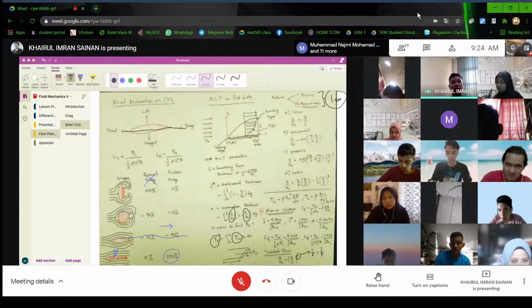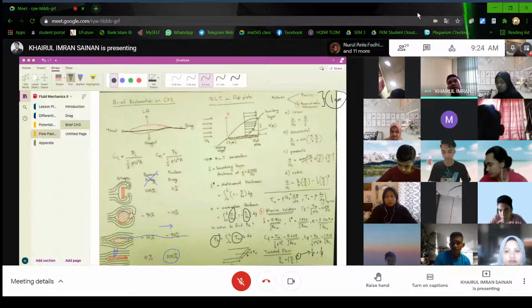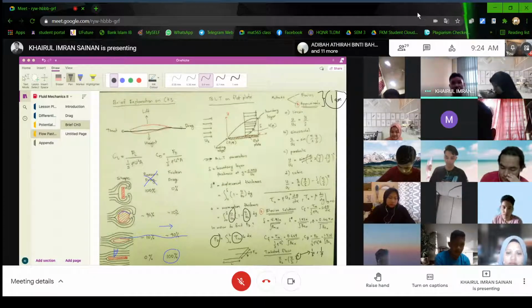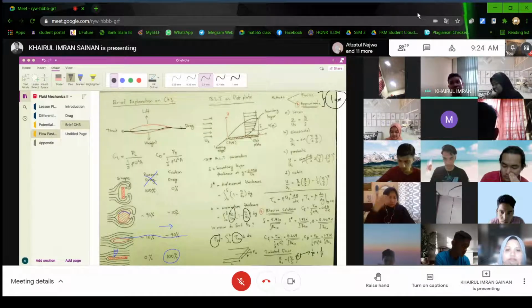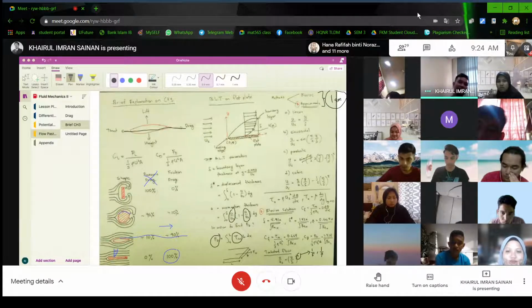There's no one form of equation that is valid for all. So back to what Naufal asked, good question: there's no linear, there's no parabolic. Only u divided by u stream equals y over delta with a power of something, 1/5, 1/7.